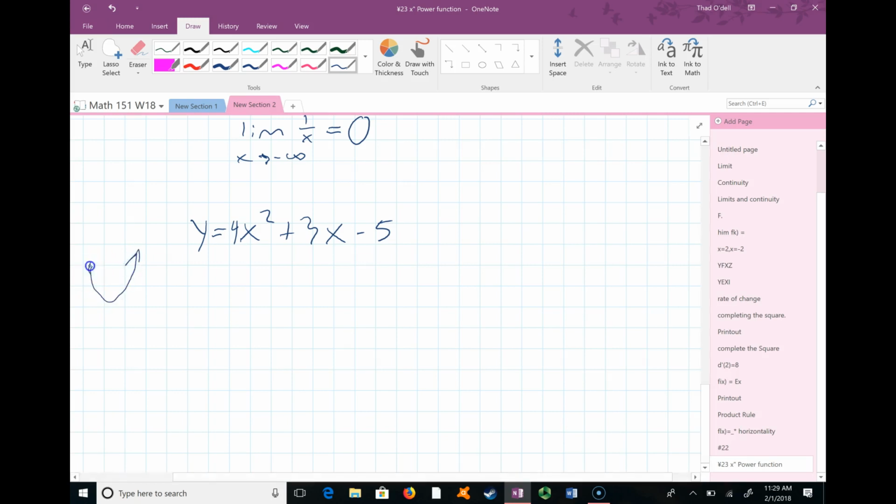Now it's going to be a different shape because of the 4, and it's going to be moved around because of the 3x. Obviously the vertex is not on the origin anymore. But as far as end behavior goes, it's going to be positive infinity on the right and positive infinity on the left.